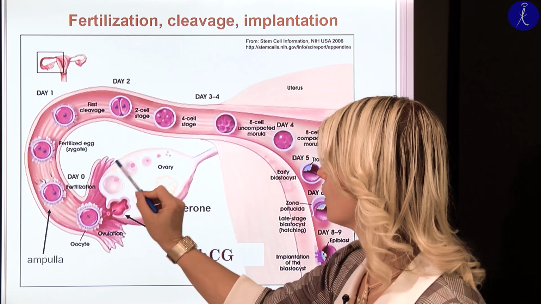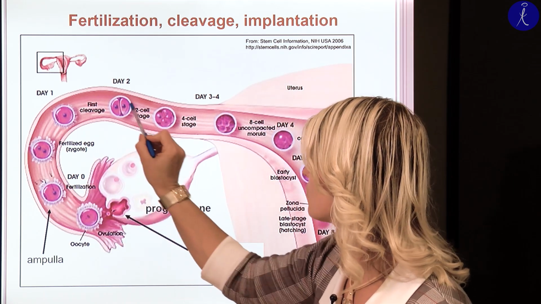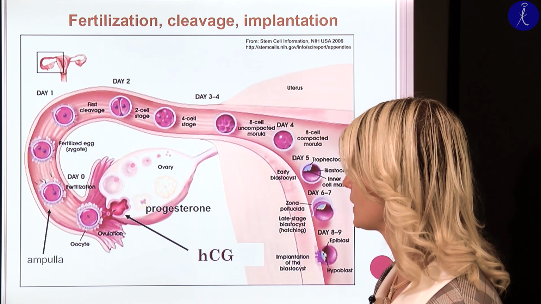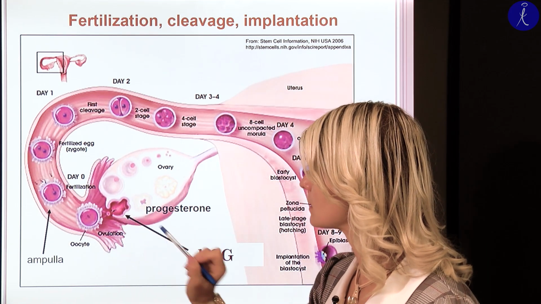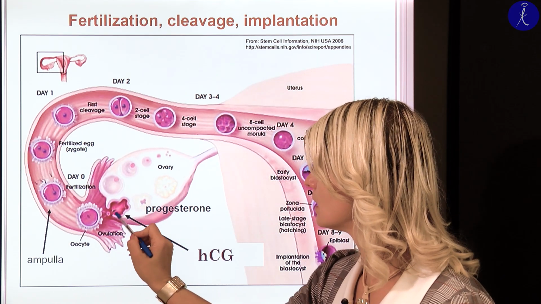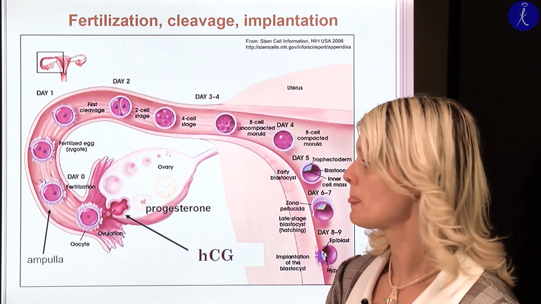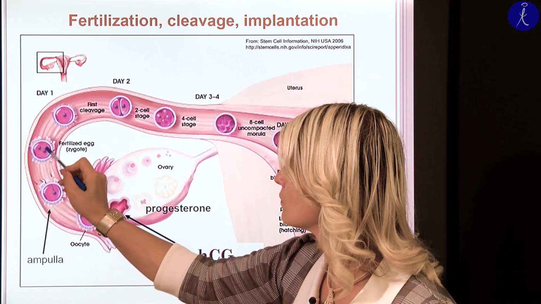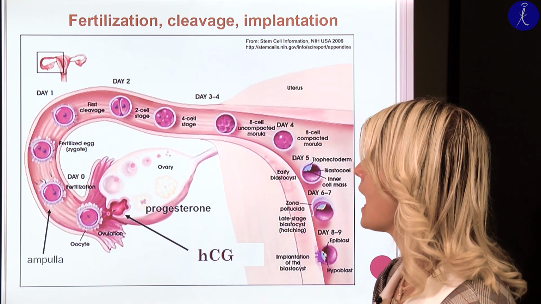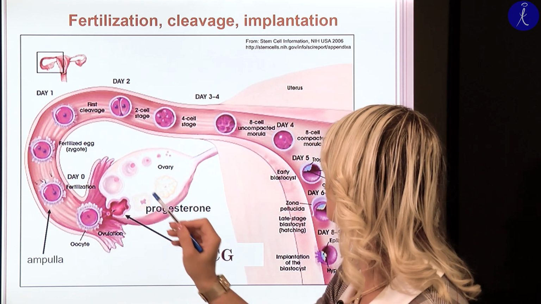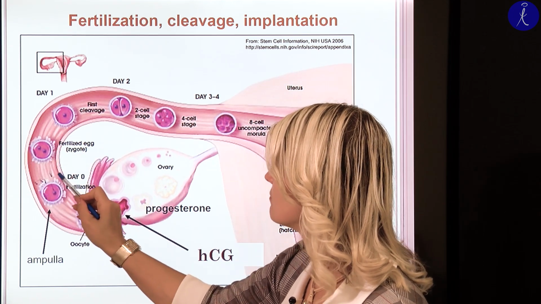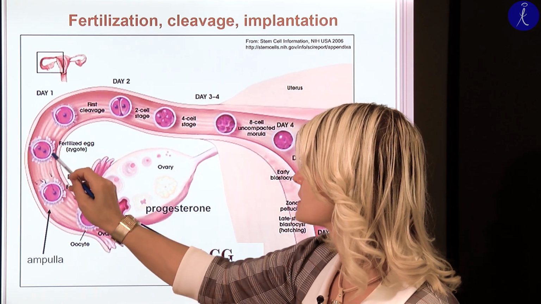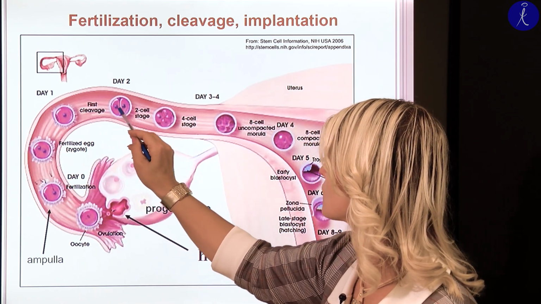Here you can see the ovary, and this is the fallopian tube there, and the cavity of the uterus. In the middle of the cycle, here you can see the ovulation, and after, the oocyte will go within the fallopian tube, and the fertilization will be there at the level of the ampulla, and after, it will start to proliferate.